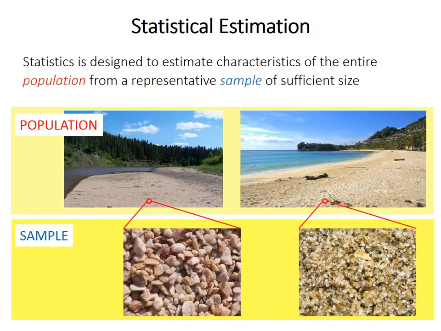Virtually all of the statistical methods that we'll cover later on are intended to compare data between two or more groups. For example, we might want to compare the size of sand in a river to the size of sand on a beach. Of course, we're not going to measure every single sand grain on the beach, so what we really do is collect a smaller sample and use that to estimate and compare characteristics of the population.